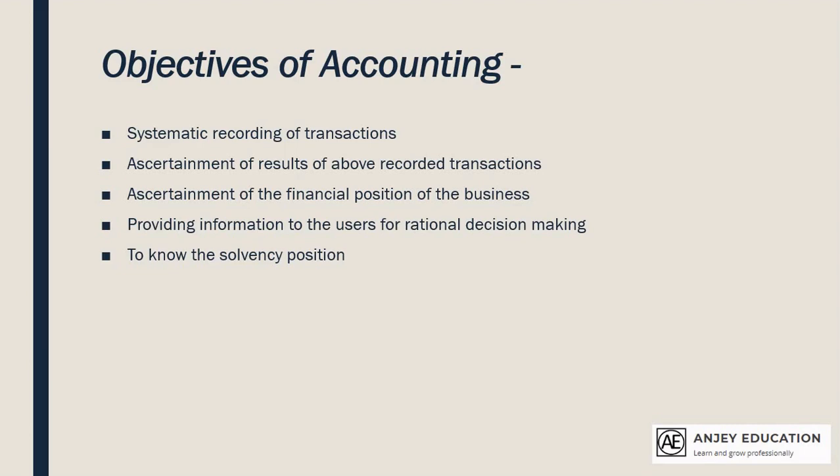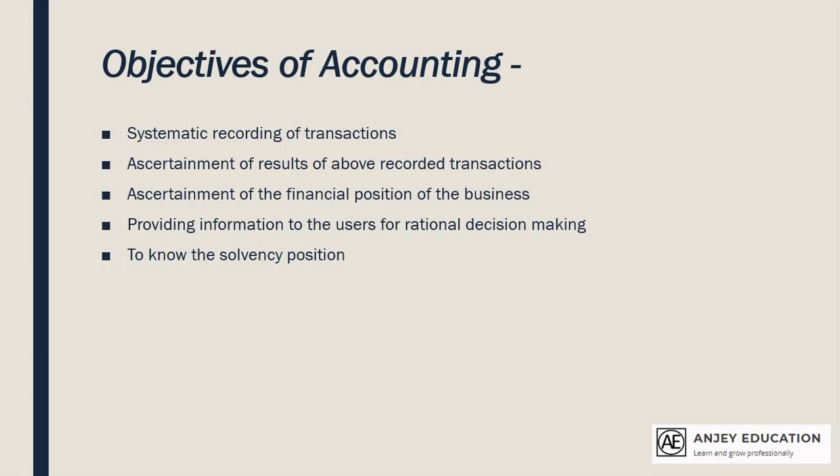Ascertainment of the financial position of business. Any stakeholder of the business is interested not only in profit and loss of the business, but also the financial position, that is, what the business owns and what it owes to others. In other words, the asset and liability position of an organization.